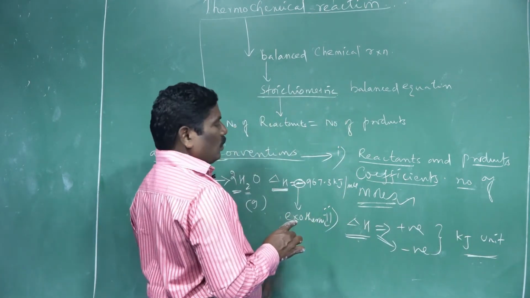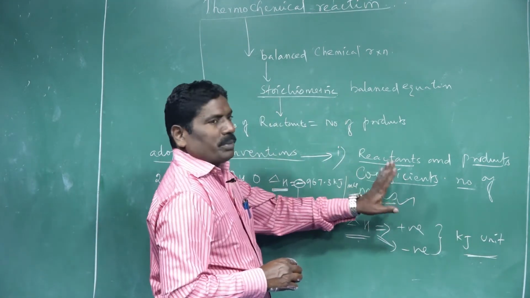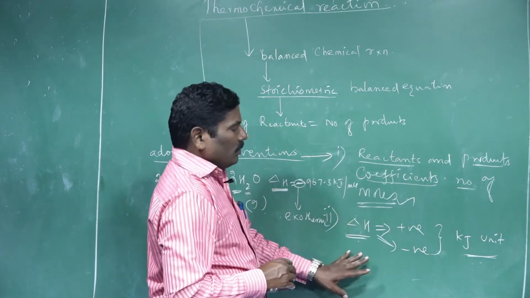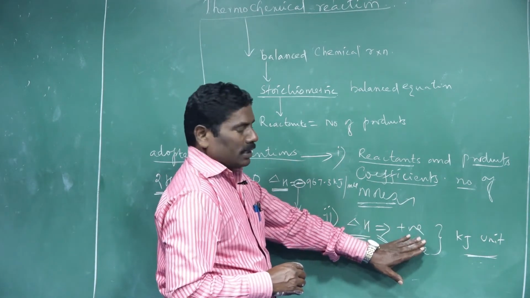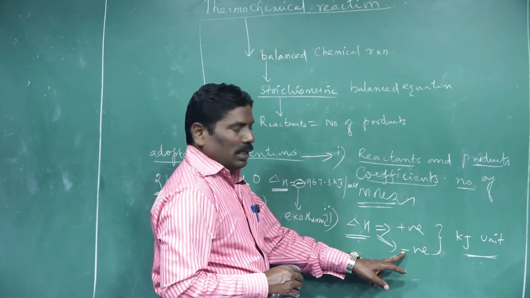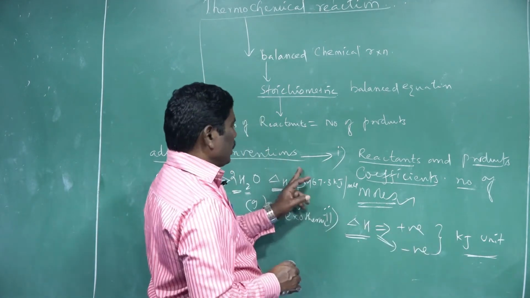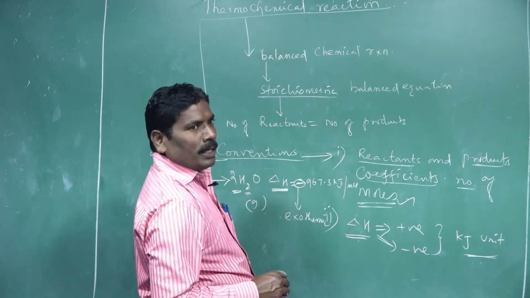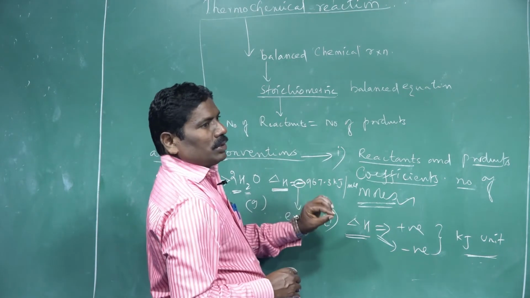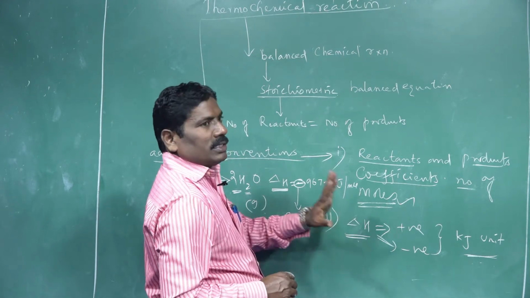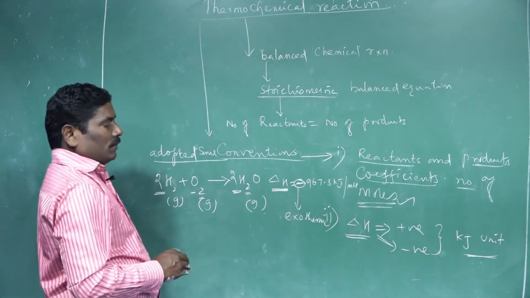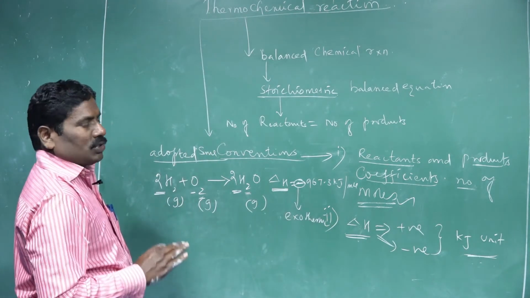So please understand the conventions: first, mention the number of moles; second, mention whether the value is negative or positive and its unit. Everything has to be written according to the conventions adopted for writing thermochemical reactions.